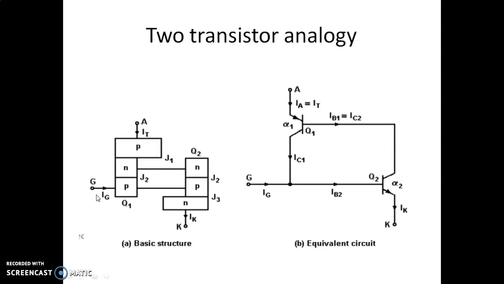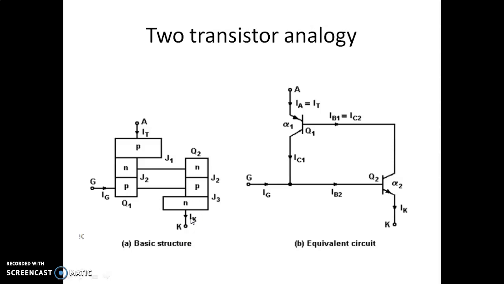The gate, which is connected to the mid P region, the gate current is shown as IG. The cathode, which is connected to the lower N region, the current is shown as IK, the cathode current IK.